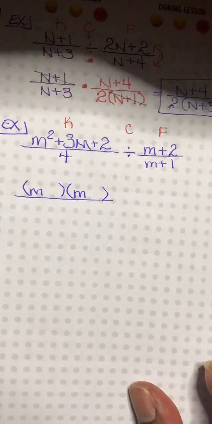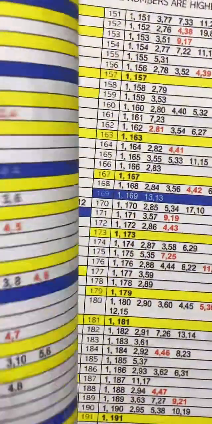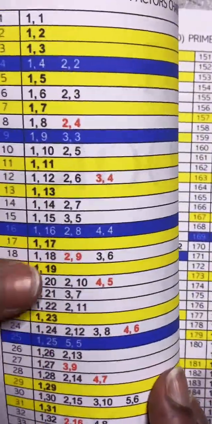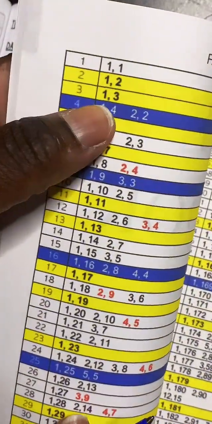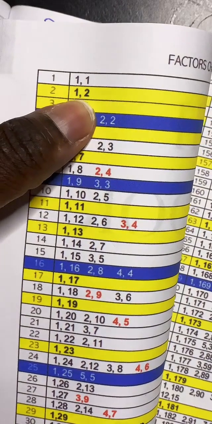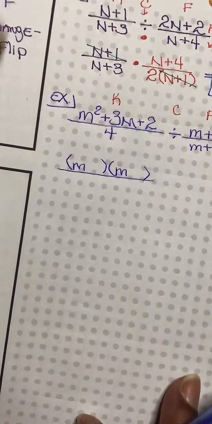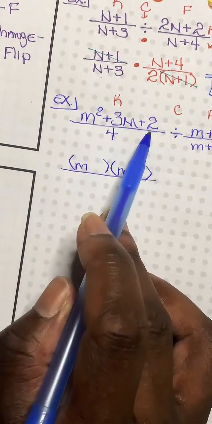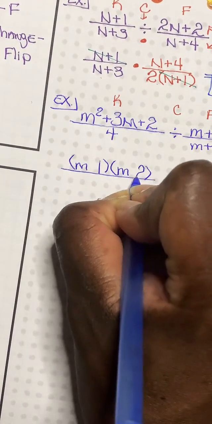All right, so just in case multiplication is not your jam, I got you. So in the back of my book, we're looking for two numbers multiplied together to give me 2. The only factors I can get with 2 is 1 and 2. In order for me to get a 3, that means I have to add the 1 and the 2.